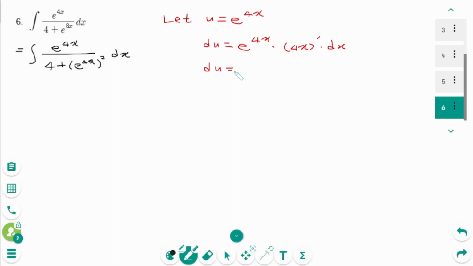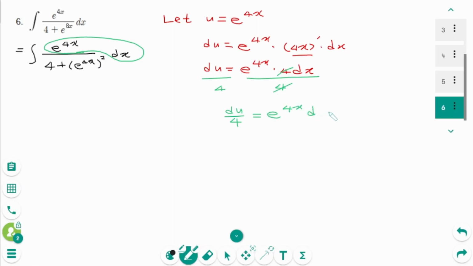Then du equals e to the power of 4x times 4 dx. There is only e to the power of 4x dx, then divide by 4 on each side. du over 4 equals, 4 is cancelled, e to the power of 4x dx.